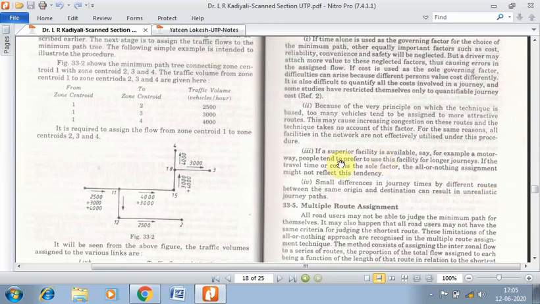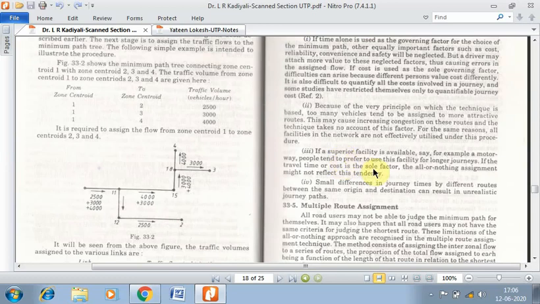Then you have the third disadvantage, which indicates that if a superior facility is available, say for example a motorway, or there might be a metro system or a suburban railway system, which is expected to be utilized but it doesn't happen.